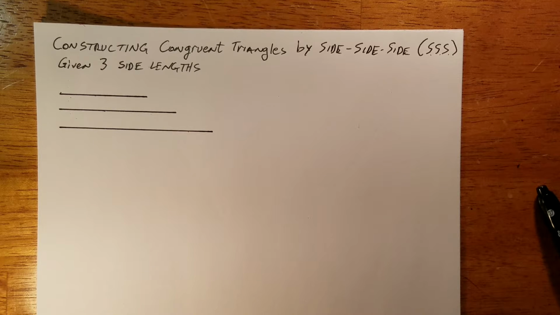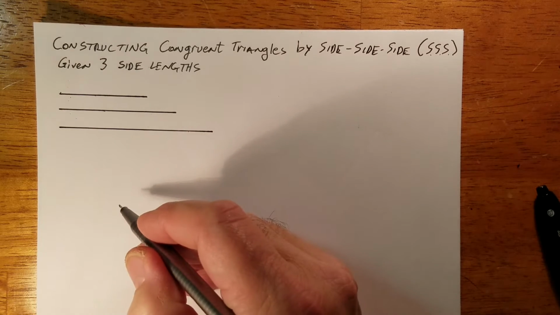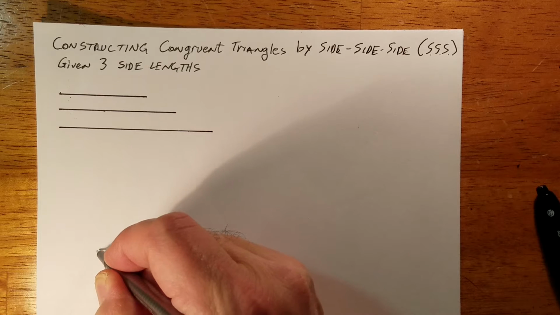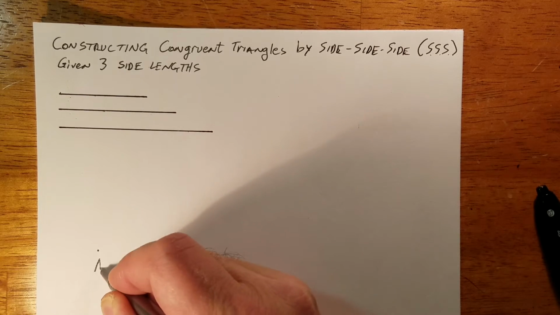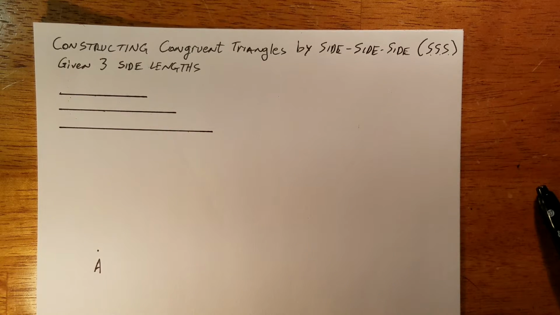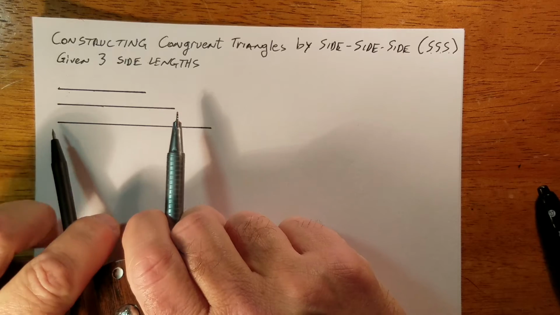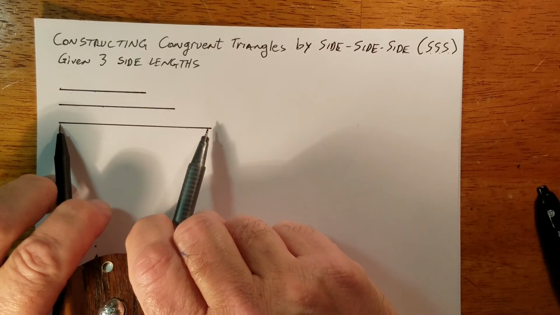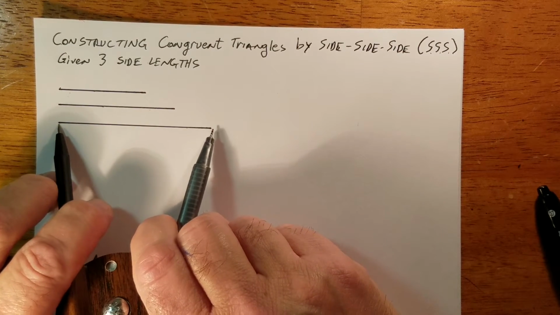Okay, so first we can begin at a point, let's call it point A, and with our compass we can measure one of the given side lengths. How about the one on the bottom here?